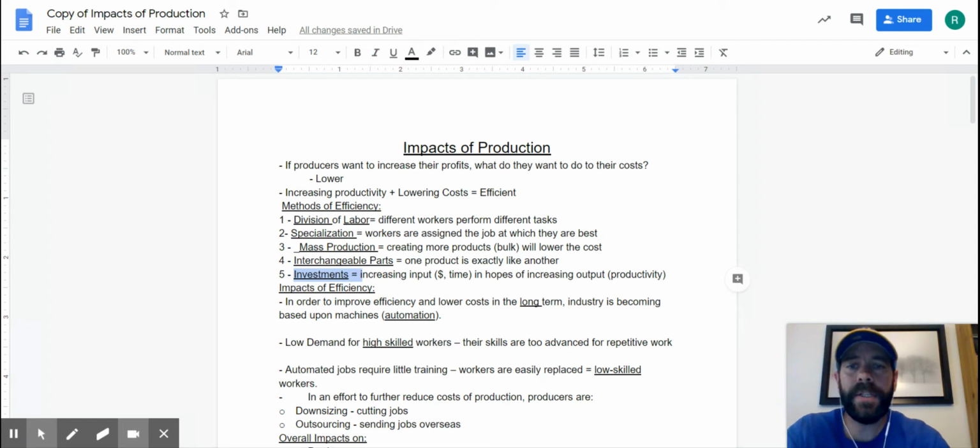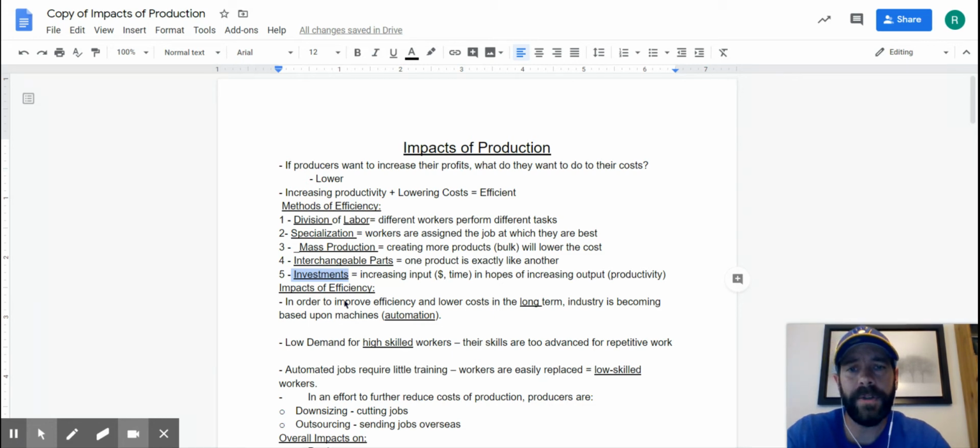And then to make an investment just simply means you're going to increase your time, you're going to increase your resources, financial resources, for example, in hopes of increasing your output at the same time. Now, investments do come with what's called a point of diminishing returns, that you can invest a lot of money in technology if you're a producer, but at a certain point, that extra investment doesn't necessarily have a significant impact in the long term.